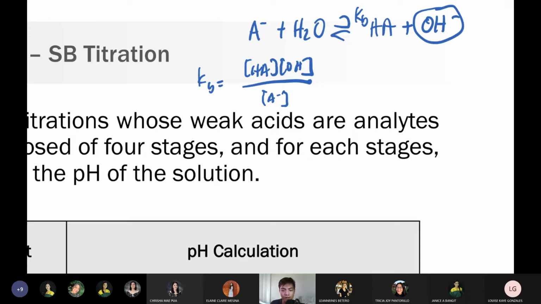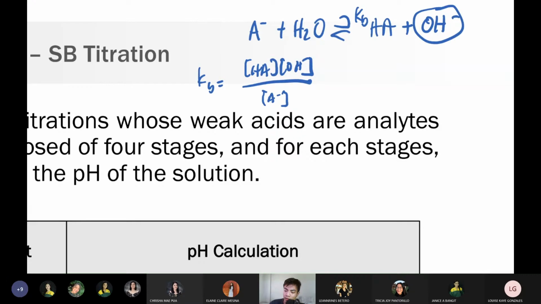Pangalawa, the activity of water is unity. For solids and liquids, the activity is 1. So ibig sabihin, hindi na sila magpe-play ng role sa equilibrium constant kasi 1 lang sila. Okay? So, ayan.